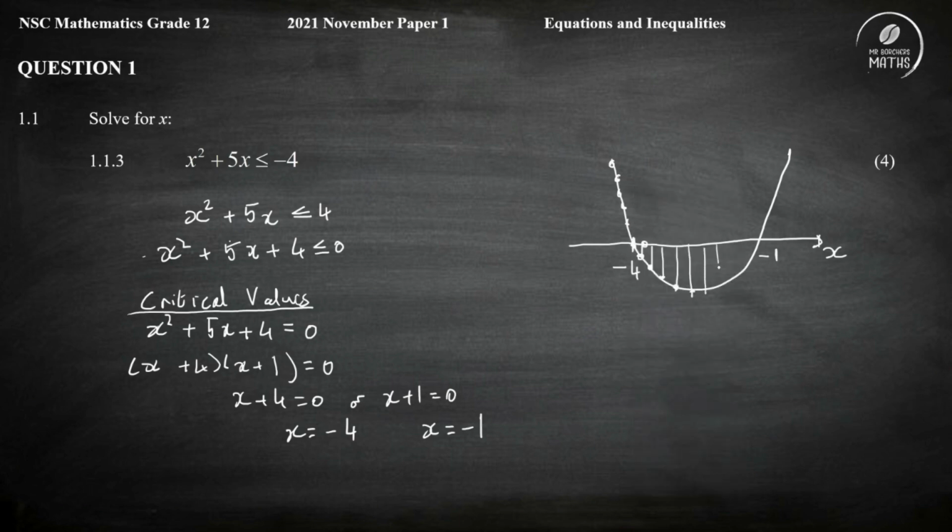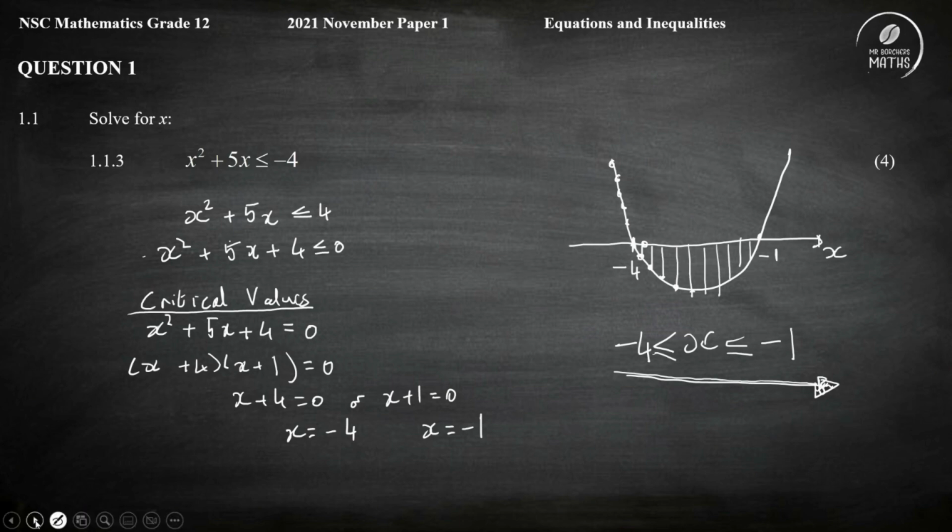All of the values in between negative 4 and negative 1 map onto output values that are less than or equal to 0. So the x values that we are interested in are all the x values that are greater than or equal to negative 4, and also less than or equal to negative 1. And there we have it. And there is our final answer for 1.1.3.